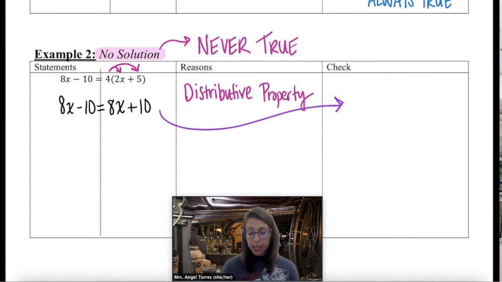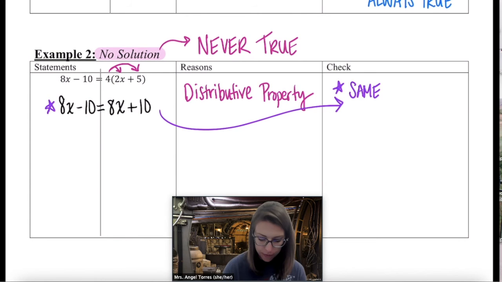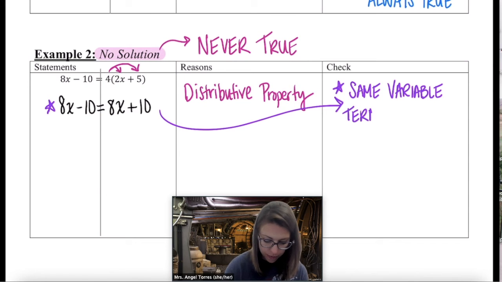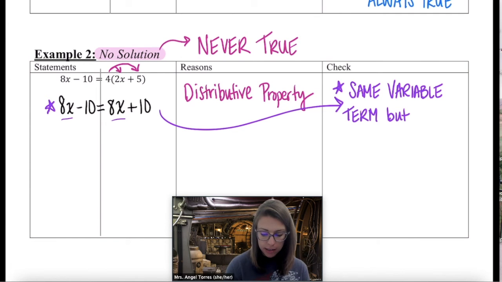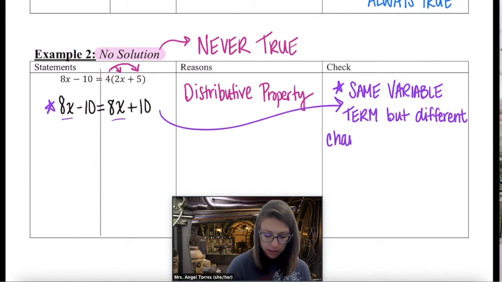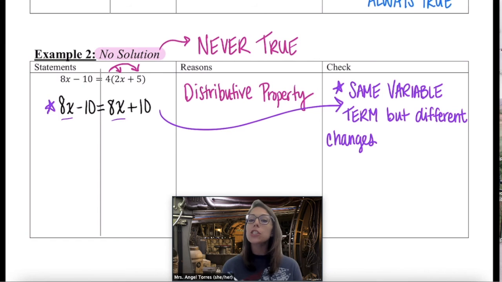So rather than doing a check, let's just explain what I just said. How do we know this equation has no solution? Well, first of all, it has the exact same variable term. We're starting with 8x on the left and we're starting with 8x on the right. But different changes.